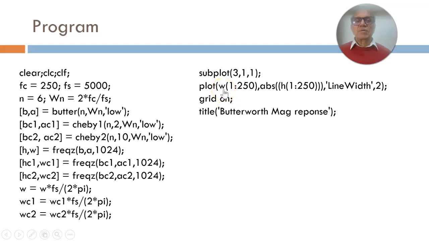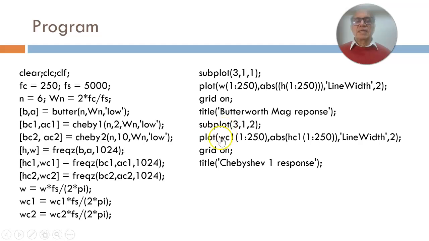Then we plot W, that is the frequency on the x-axis, versus the magnitude of the transfer function, that is absolute value of H. Now we are using only 250 samples so that we get a good display of the frequency response. For that reason we have done. Then this is the usual specification: line width 2, grid on, title, and so on. So this is the first graph.